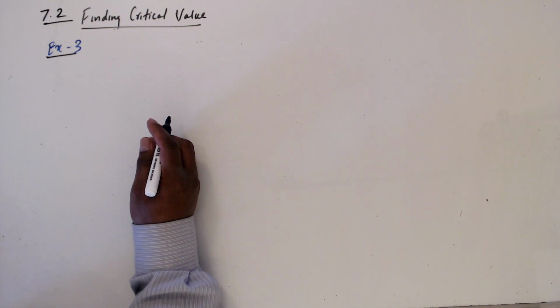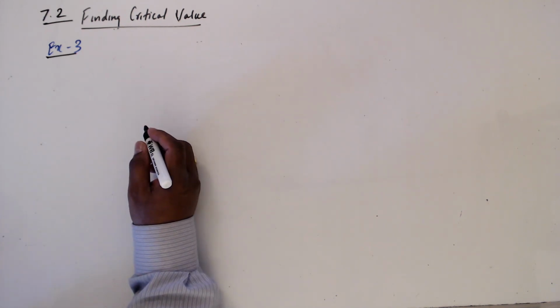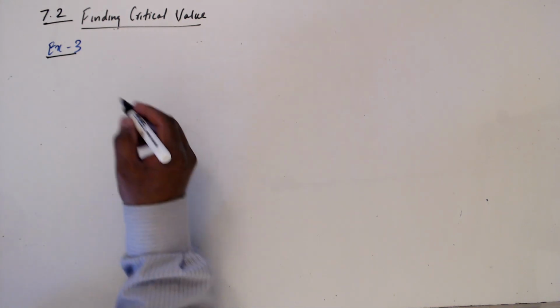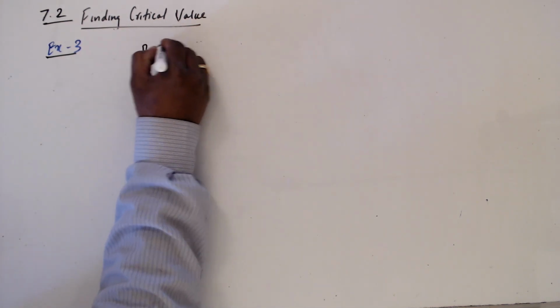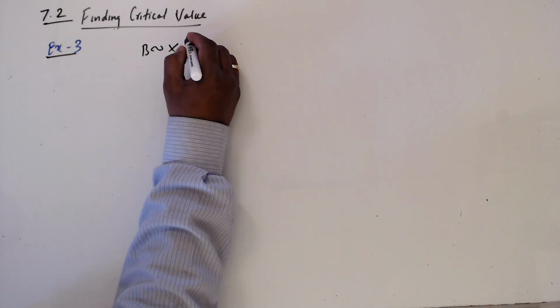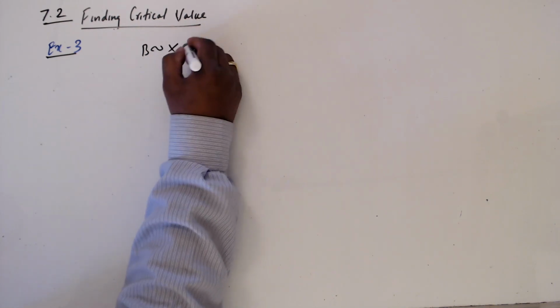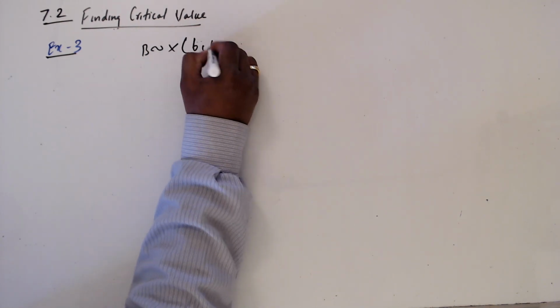Let's discuss example 3. A single observation is taken from the binomial distribution. So binomial distribution x, follow, I take x as a variable, 6, and p.